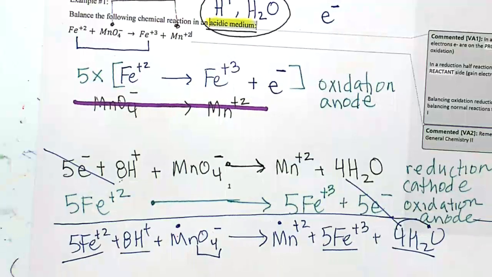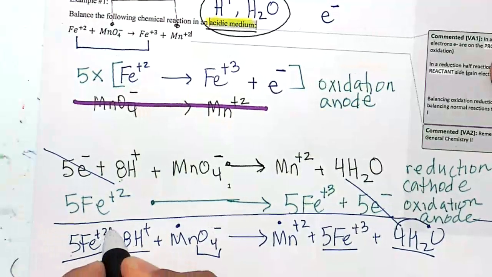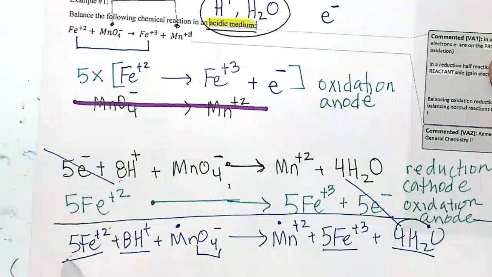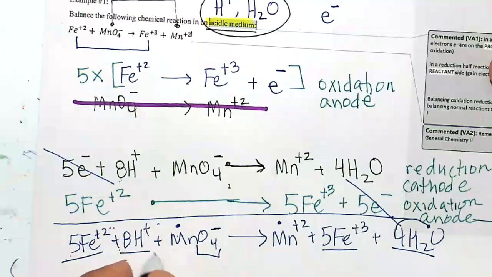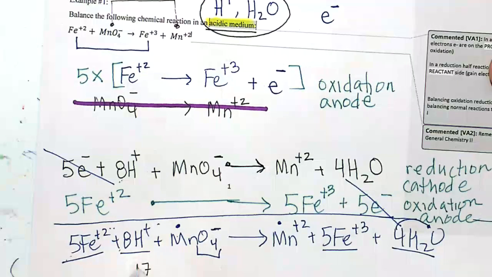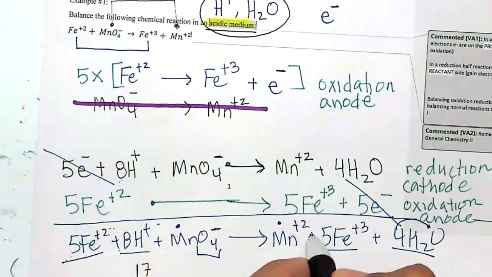This is something that always can be worrisome. How will we balance out the charge? 5 times 2 is 10. 10 plus 8 is 18. 18 minus 1 is 17. So the total charge on the reactant side is 17.